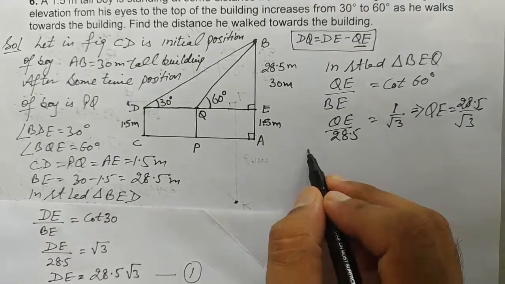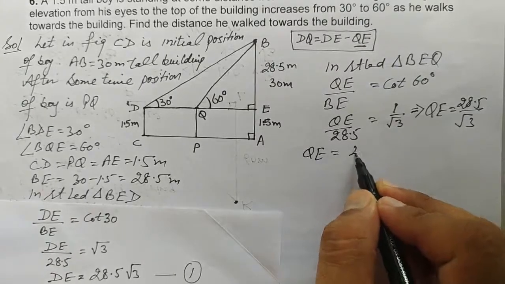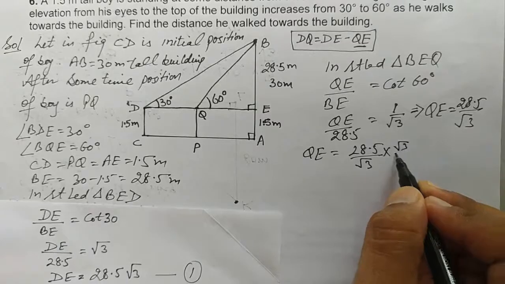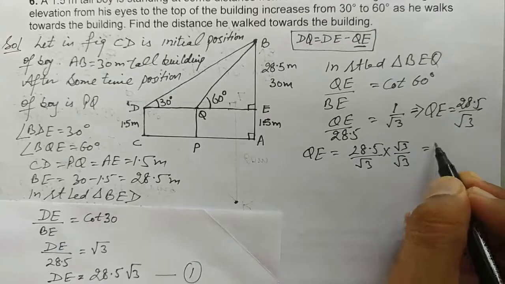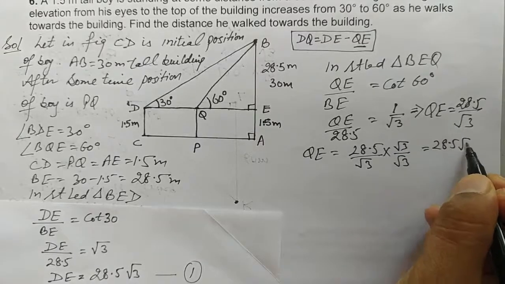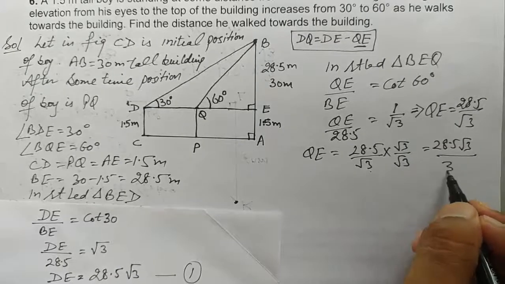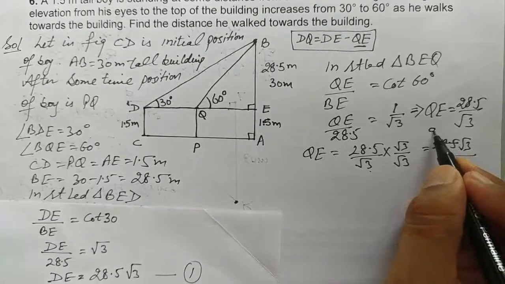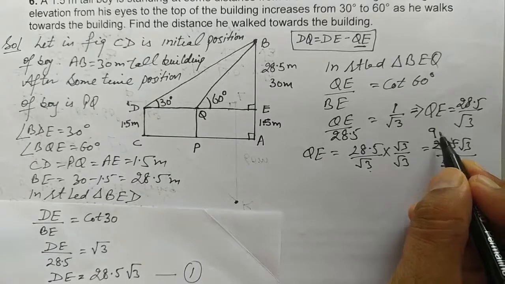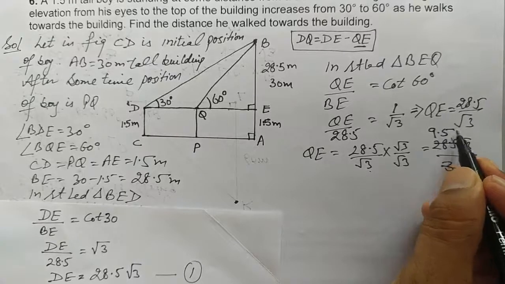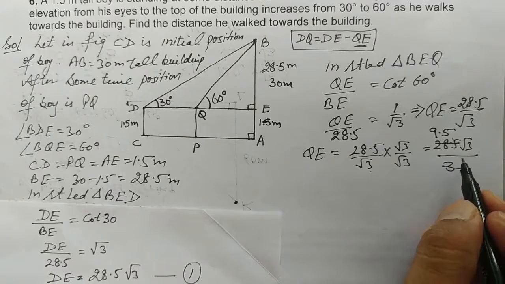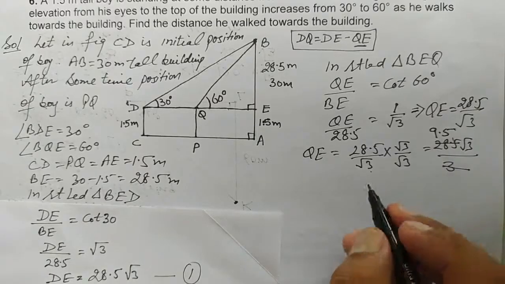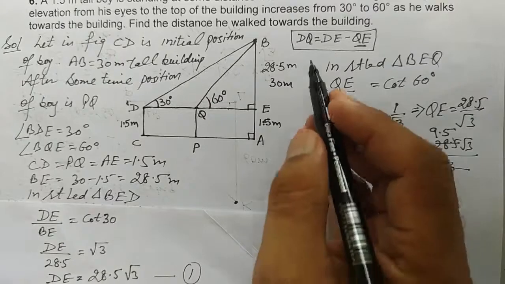Now you can do the rationalization of the denominator. So I'll multiply up and down by root 3. So this is 28.5 root 3 over root 3 into root 3 is 3. So now 3 and 28.5 can be cancelled. 3 9s are 27, 1 is left, put a decimal, 3 5s are 15. So 9.5 it is.